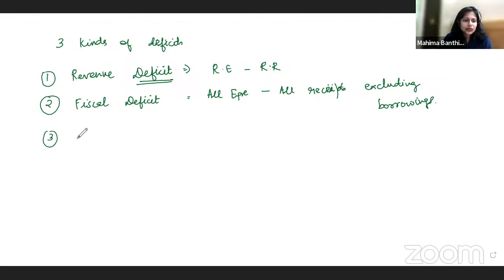Okay, and the third is primary deficit, which is fiscal deficit minus interest payments.